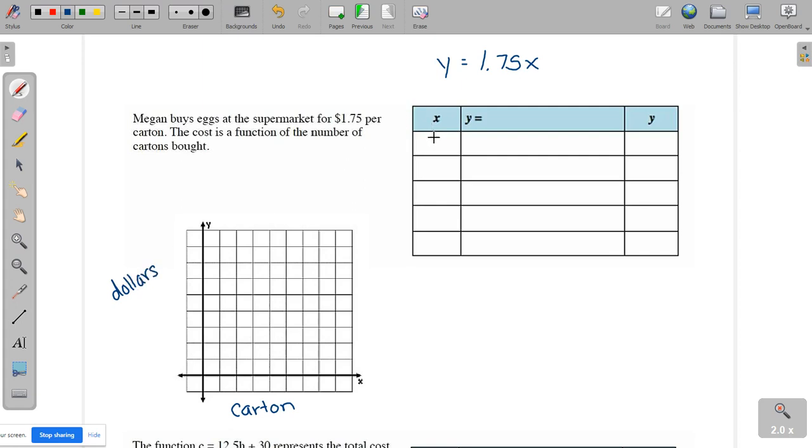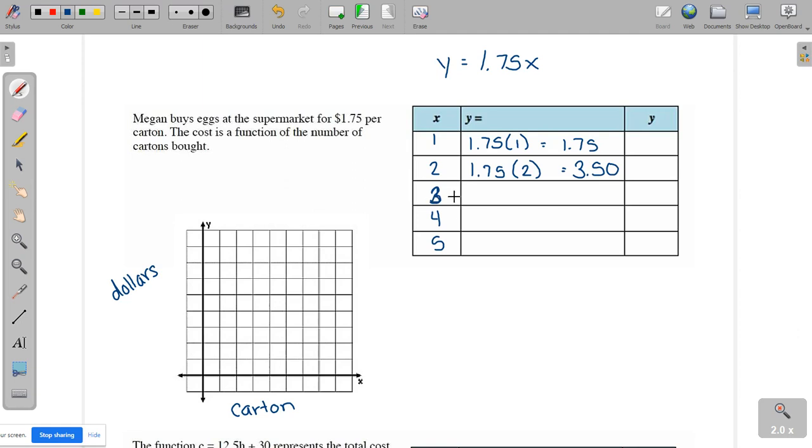So if we buy 1 carton, or 2, 3 of them, 4 of them, or 5 of them, we can get a nice representation of our graph. So substitute in 1.75 times 1 will give us $1.75 for that 1 carton. If we buy 2 cartons, that would be $3.50.